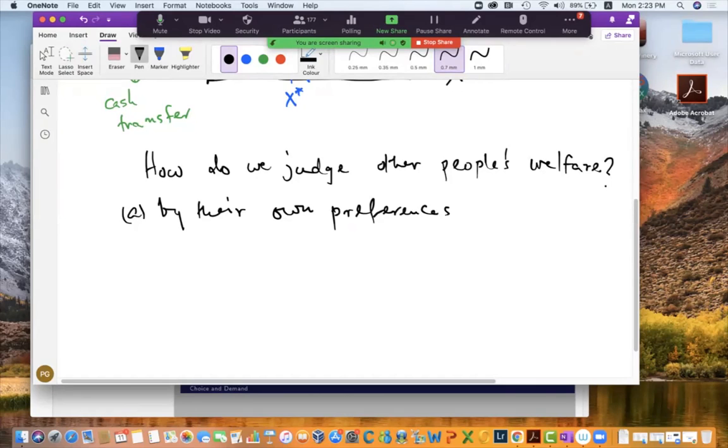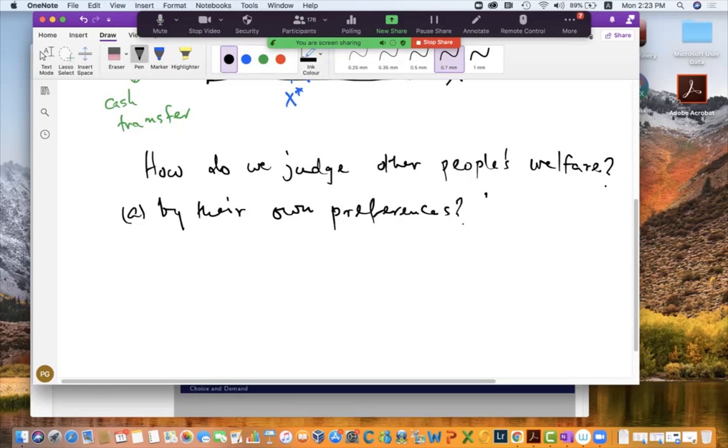So if they're happy buying more food, I'll consider them better off. If they're happy spending it on buying cricket bats and balls and playing with their neighbors, that's fine with me either way. Even then, I'll consider them better off.